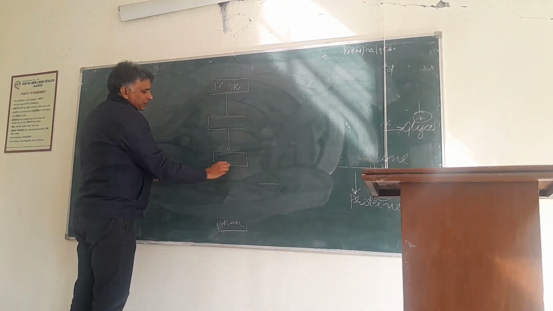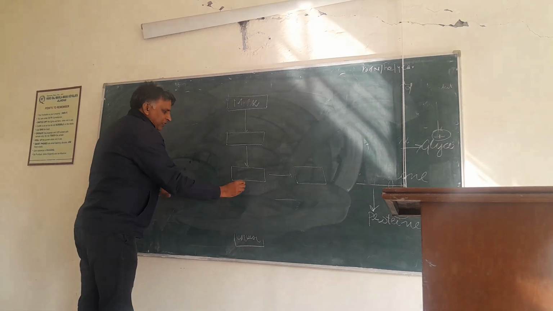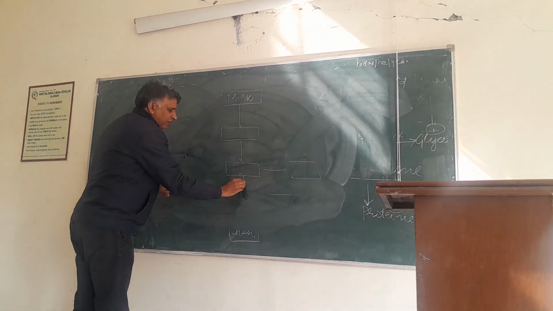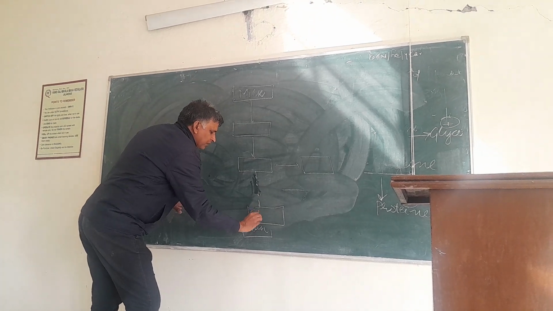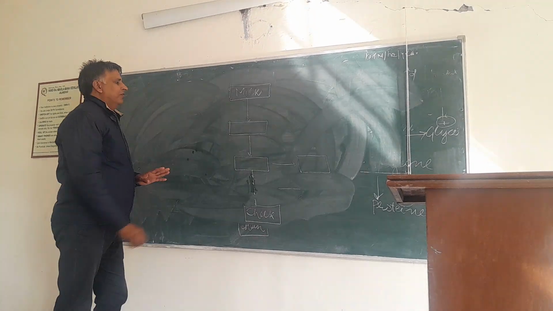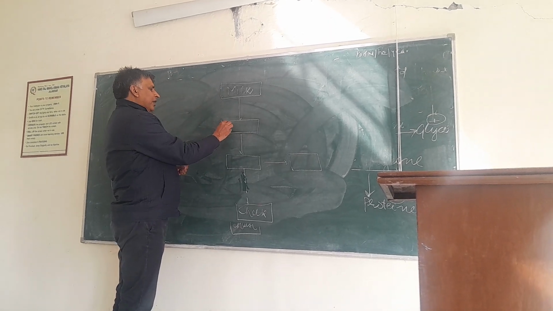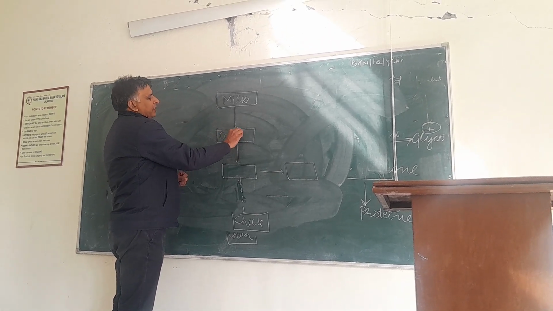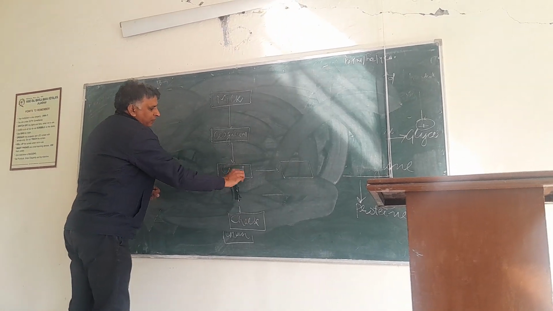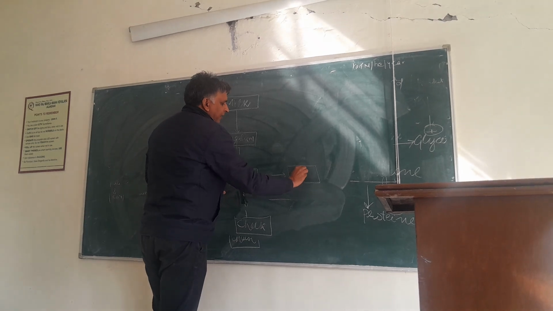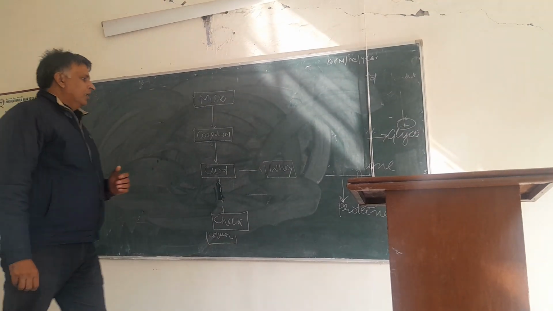So I am just drawing first of all the process which is used in the manufacturing of this cheese. This is our layout for industrial production of cheese, and I have written some of the important intermediates which we are getting in this process, and I will explain one by one all these steps.